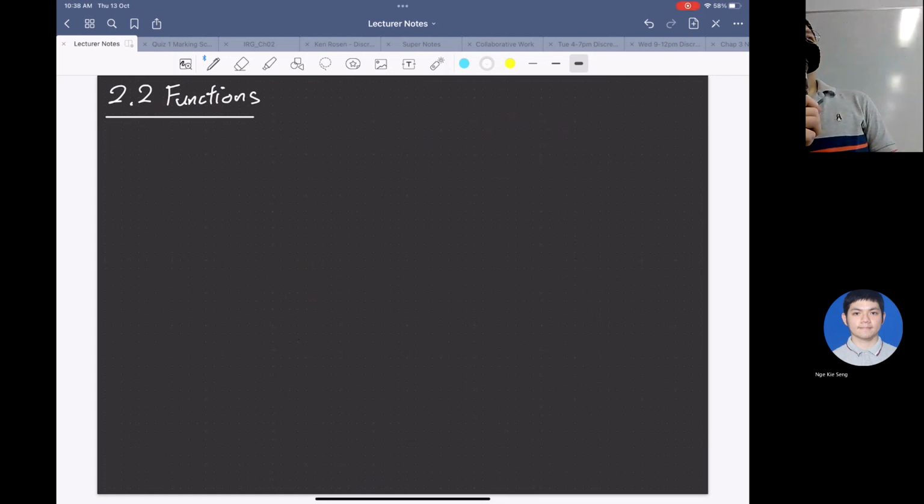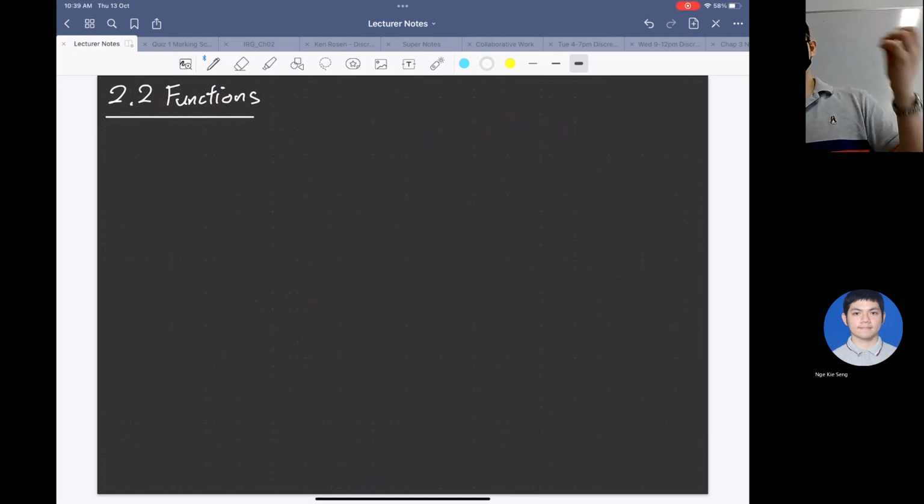So function actually is a mapping or a transformation. If you hand me an input, I have to give you an output. This is the function. If you give me two same objects, but I give you different output, then this is not a function anymore.